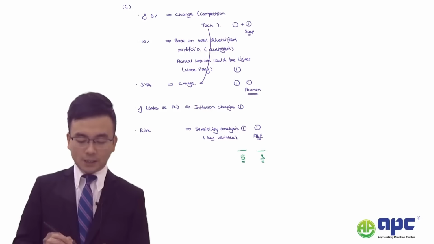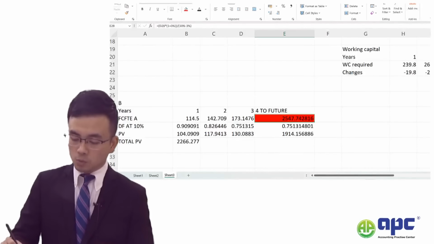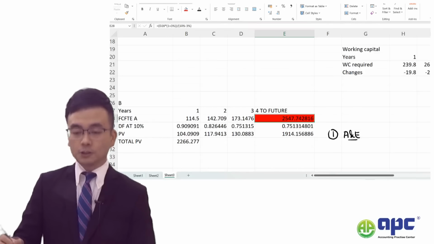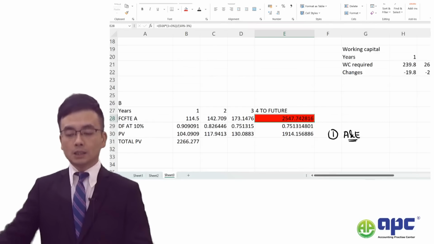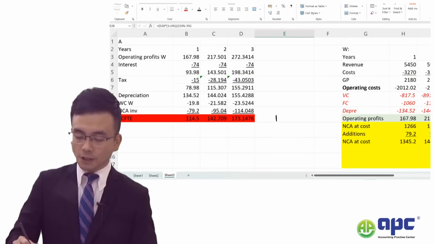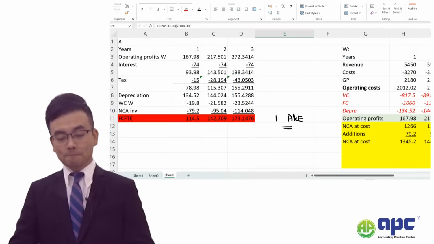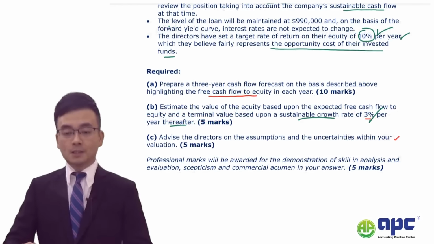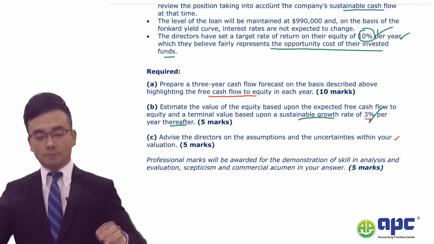But not just for that, also for Part B, you're given 1 analysis and evaluation mark for the correct calculation, and even for Part A. So that's where the 5 professional marks are coming from. Hopefully you're happy with the free cash flow methodology.